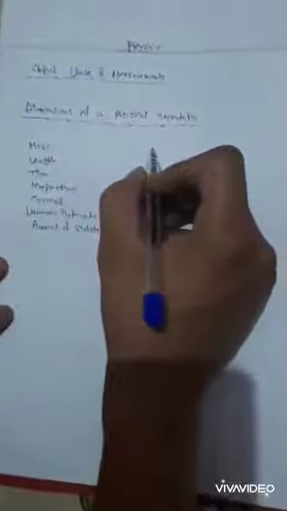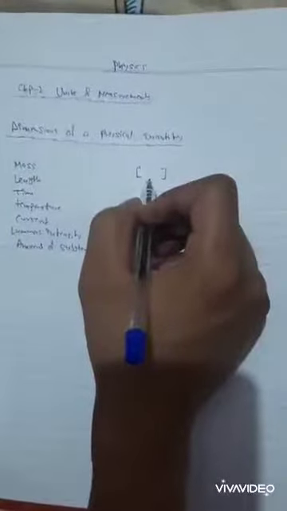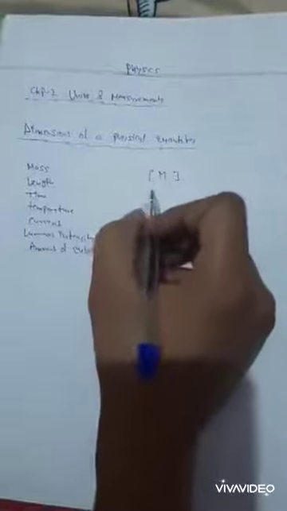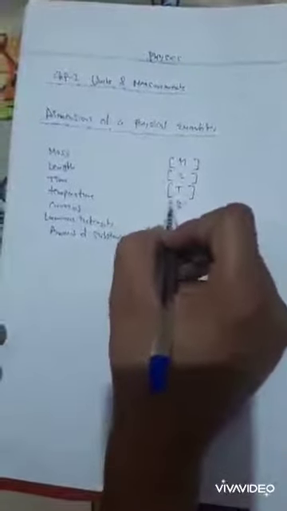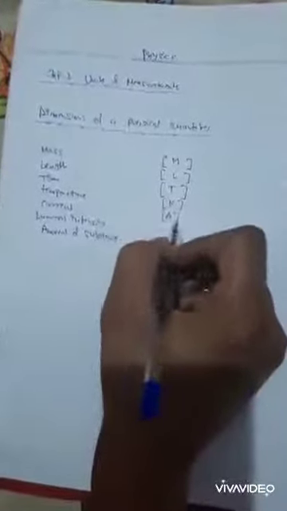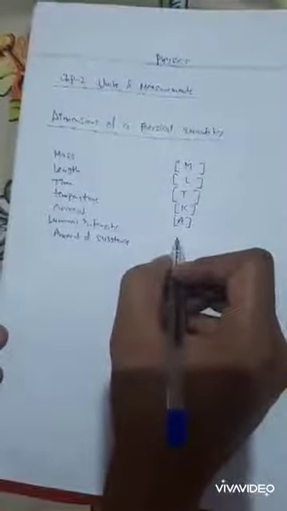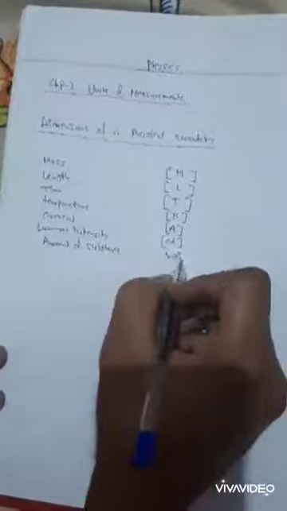So for dimension we used a bracket to represent that they are the dimension, and for mass we used a symbol, that is M. For length we used a symbol L. For time we used T. For temperature we used K. For current we used A. For luminous intensity we used CD, and for amount of substance we used mole.